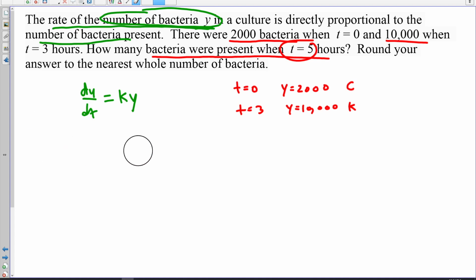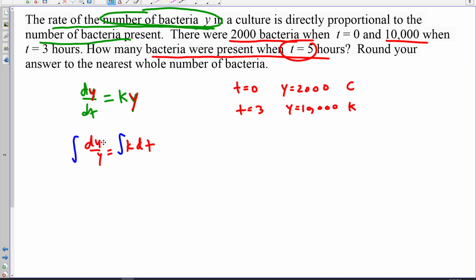So first you separate. This is a Y and this is a Y here, so I'm going to move all the Y's to the left, and I'm going to move all the t's to the right. So first you separate, then you integrate. Let's integrate this left side.